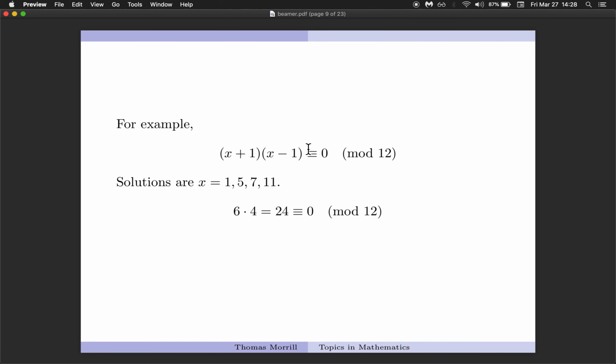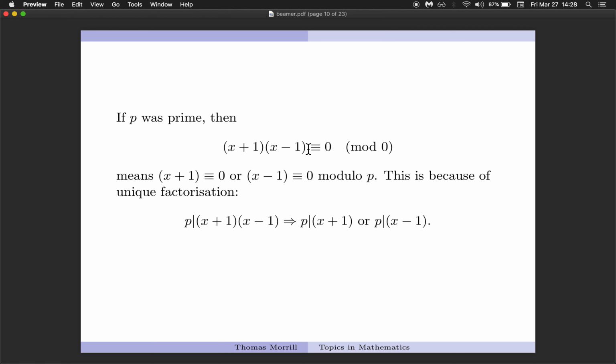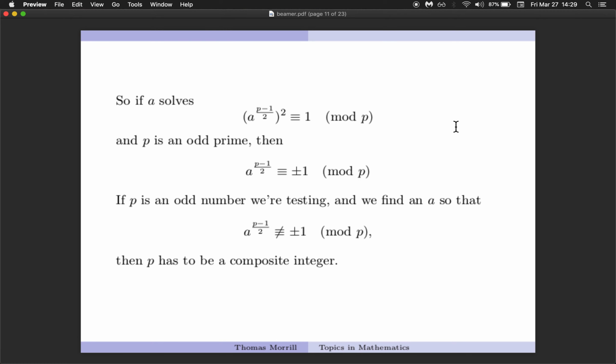I'm looking for when this equation has more than two solutions. So when have we horribly broken algebra? When do we find a quadratic with more than two solutions? Well, that means we're working mod a composite number. Those are the bad ones. We don't want them.